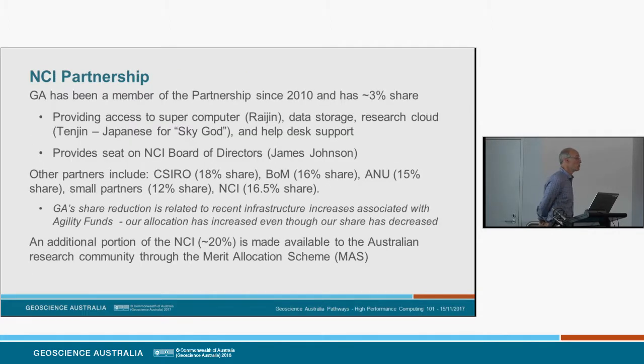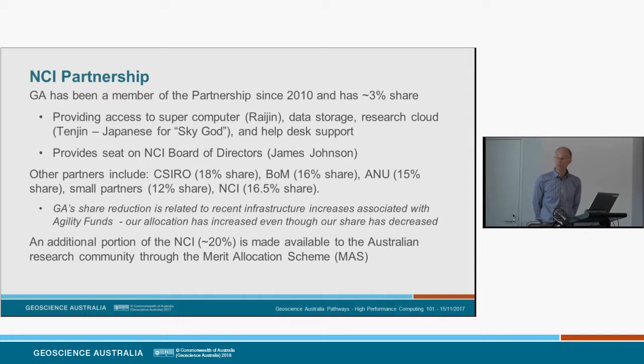GA belongs to a partnership. This was set up back in 2010 when the infrastructure was originally set up, and this helps to pay for the operating costs of the NCI. Since we are a partner, we get to use a share of the resources, and so every year we get to use about 3% of all of the processing hours and the storage and the help desk, et cetera.